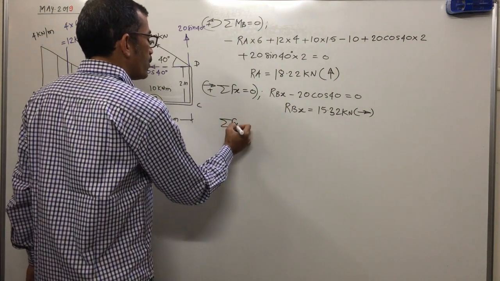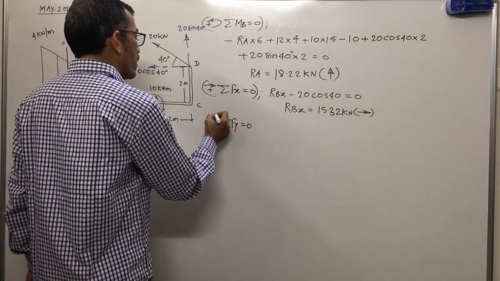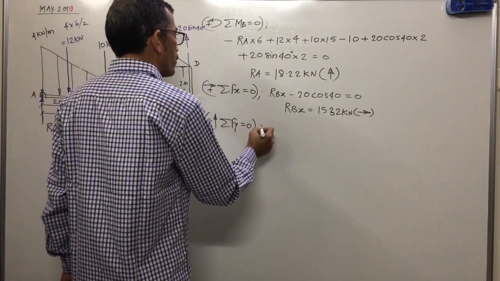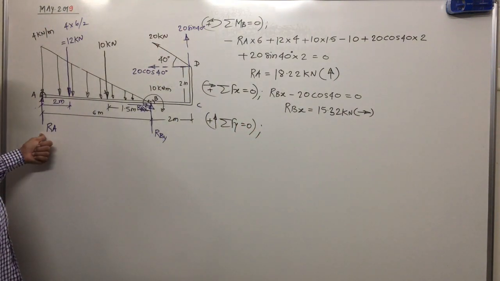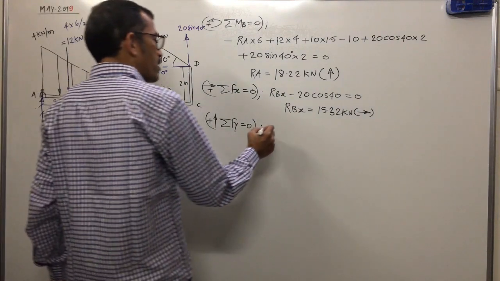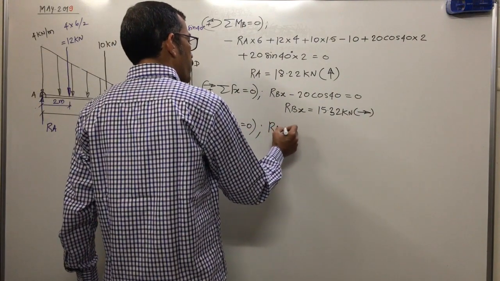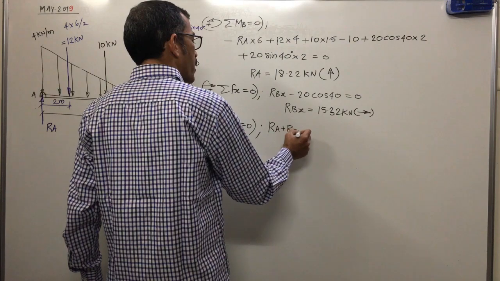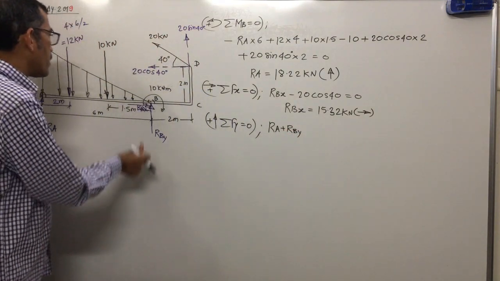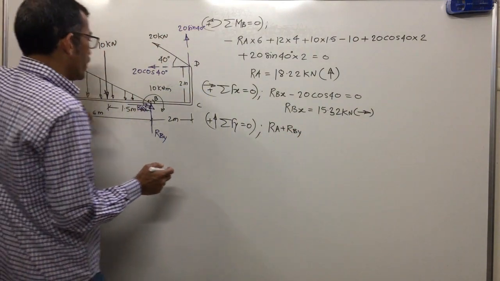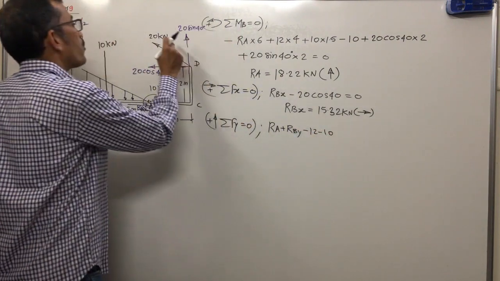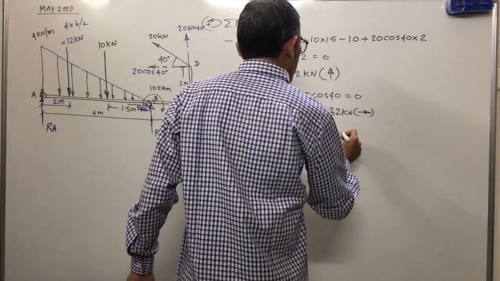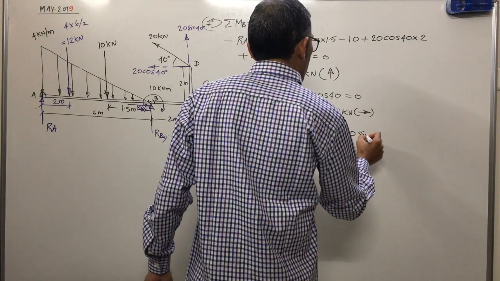Next, we'll apply the equation along the y-axis, summation of Fy equal to 0. What are the forces in vertical direction? RA upward, RBY upward, so I will write positive. RA plus RBY, two forces, RA and RBY, minus 12 minus 10, and the component of 20 upward, plus 20 sin 40.